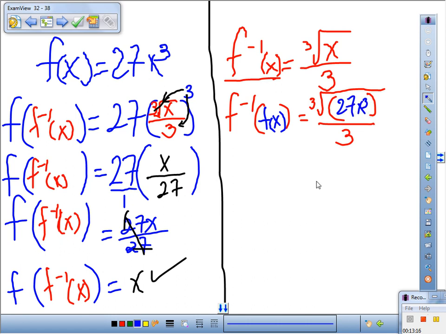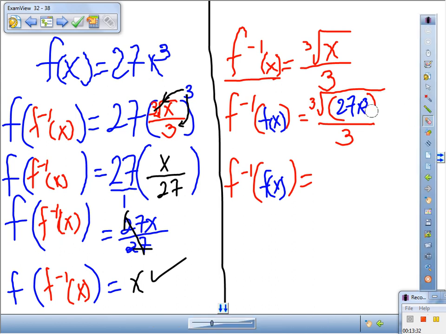All right. Next, f inverse of f of x equals, let's see, you can barely tell what this is, sorry. This was x to the third power.